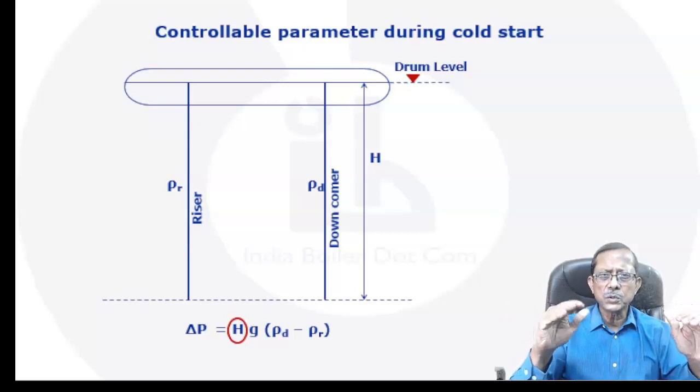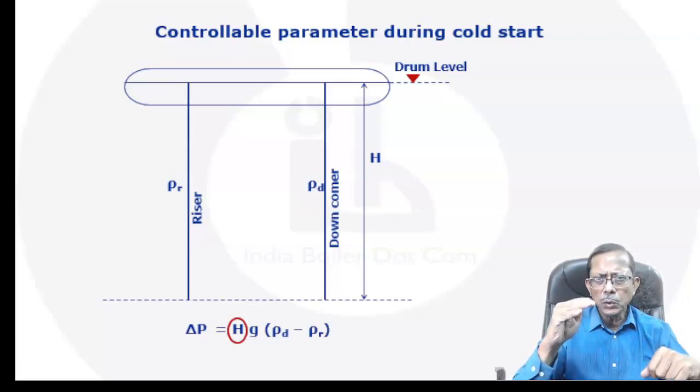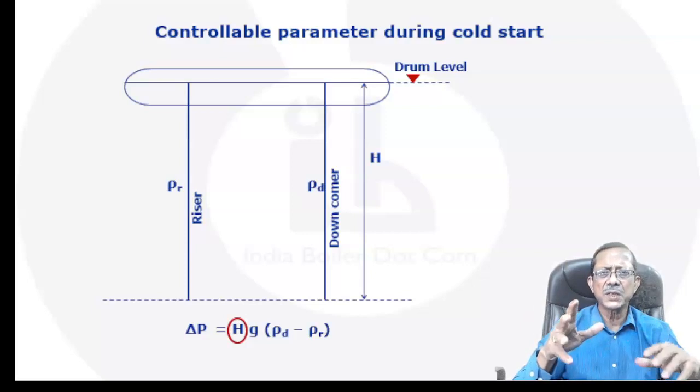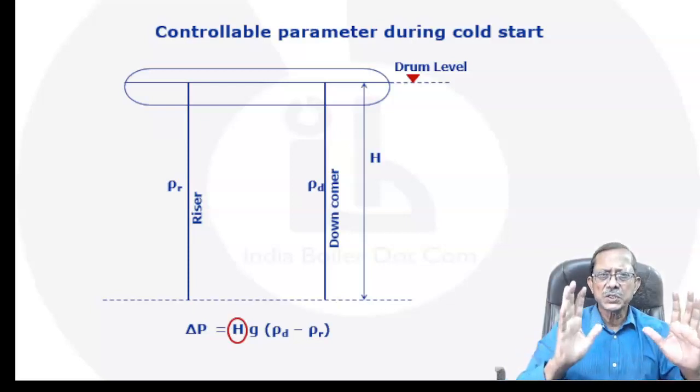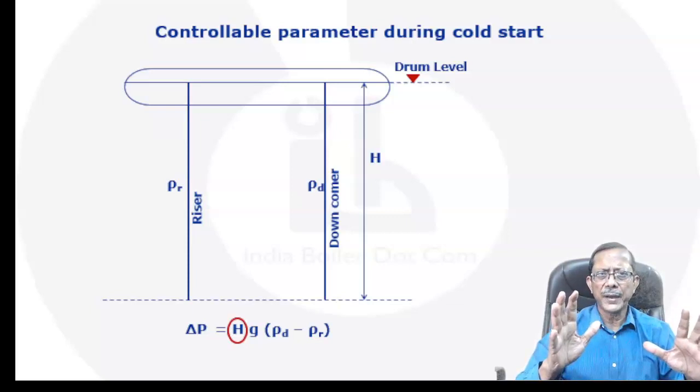When the drum level goes down, the circulation becomes inadequate. So the low trip level is the level which has been decided on the basis of this understanding that below this drum level, the circulation will not be enough to sustain the reliability of the water wall tubes, right?